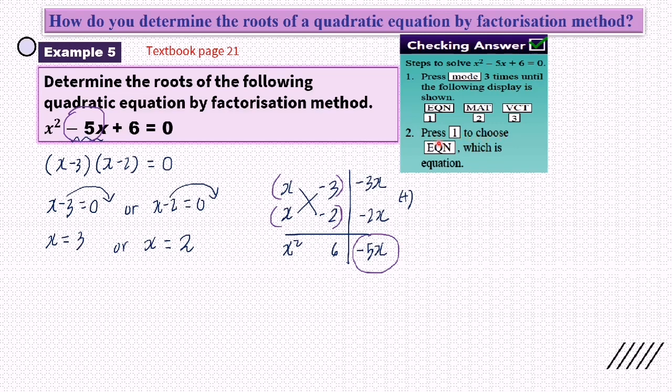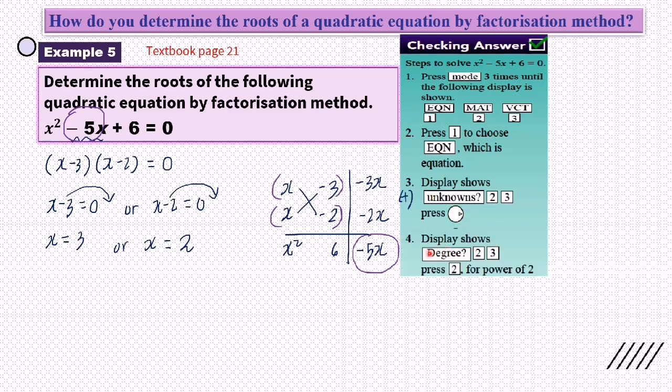Press 1 to choose equation. Display shown unknown 2 or 3. So you press the button arrow here. Then you will obtain degree. Then you choose 2, because here our quadratic function, the highest degree is 2.